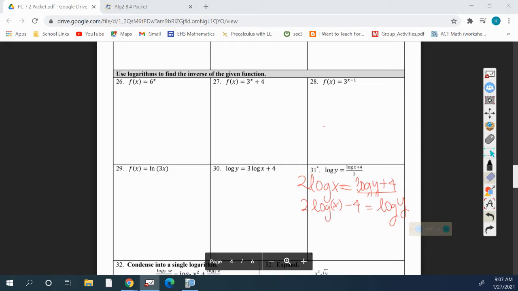Okay, now I need to get y, which means I need to get rid of the log. So how do I get rid of that log? Exponent. So how do I change that to an exponent? What's the base? 10. I'm taking this base. What's the power?